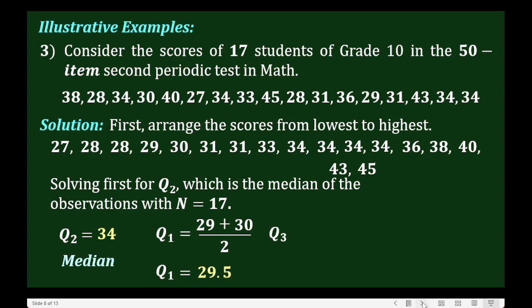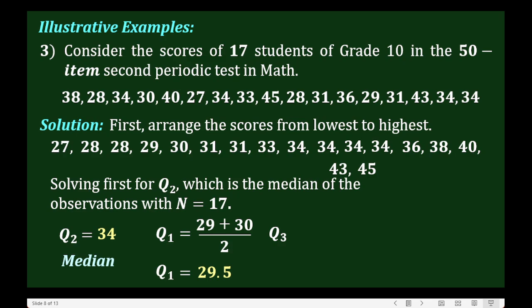And for the upper quartile, that is taken from the sorted data on the right side of the median. And these are the numbers after 34. Okay, this data happens to be also 8.